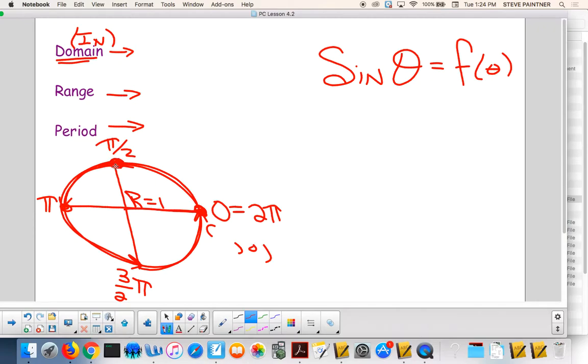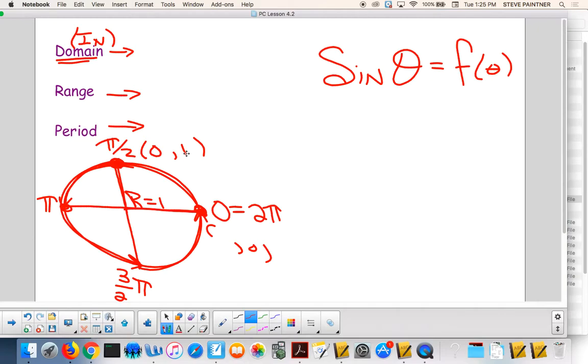How about here at 90 degrees? What's the y value? Up 1, that'd be 0, 1. What's the answer? The y value is 1. Remember, we said sine of theta is y.